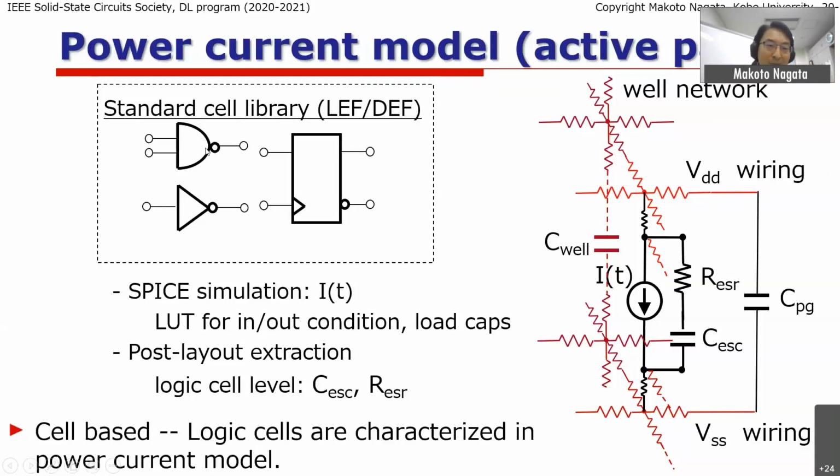Moreover, the voltage variations, temperature variations, and threshold voltage variations, so-called PVT variations, are also mapped in the power current wave shape library. Those wave shapes can be pre-characterized beforehand, before designing the big chip. Those are used for the later simulation of the whole digital circuits.